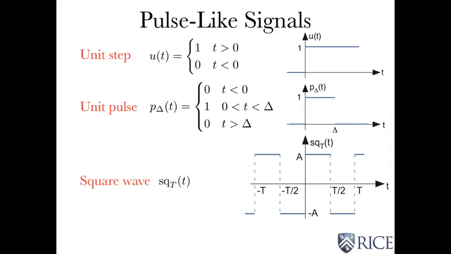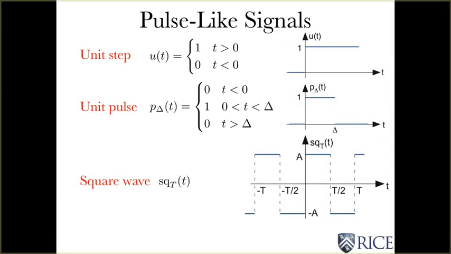And the next signal we're going to talk about is the square wave. So a square wave is a periodic signal, has a period of capital T as I've labeled it here, because you can see it repeats every capital T. It goes on forever. The amplitude of a square wave, there is no convention for that. We don't really talk about the unit square wave.